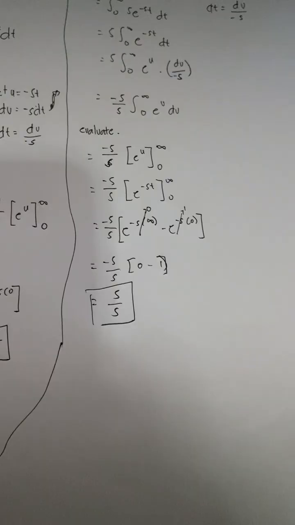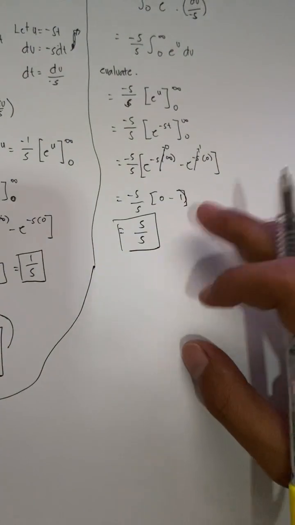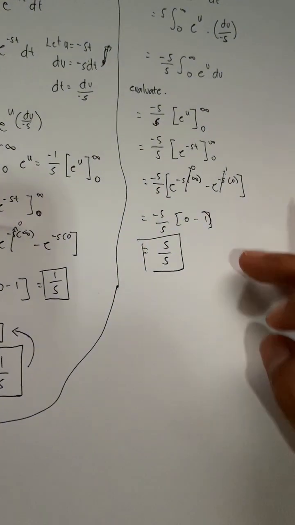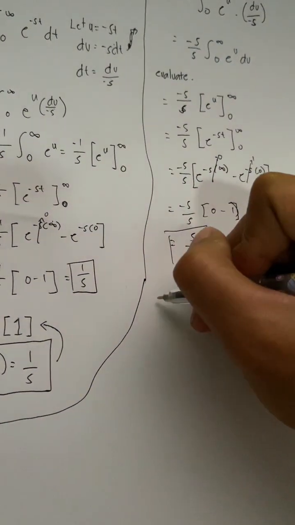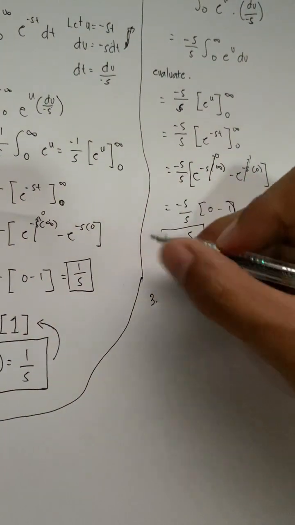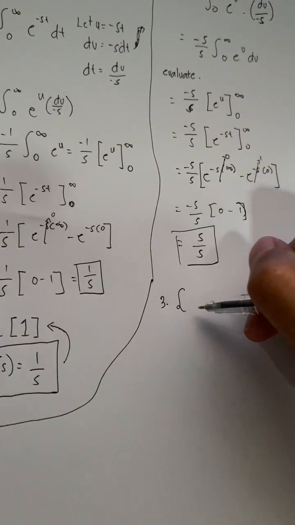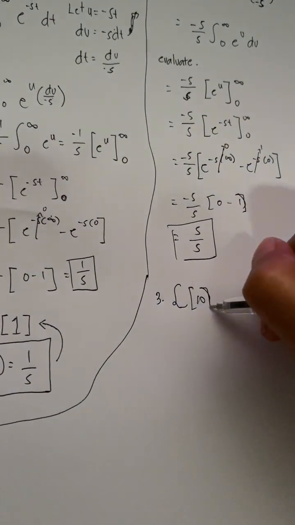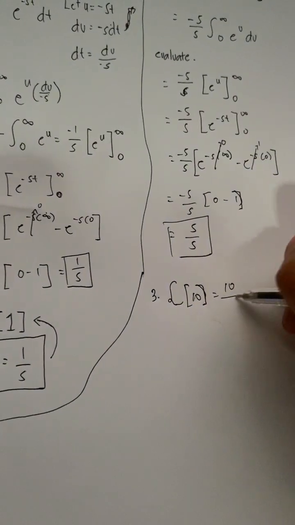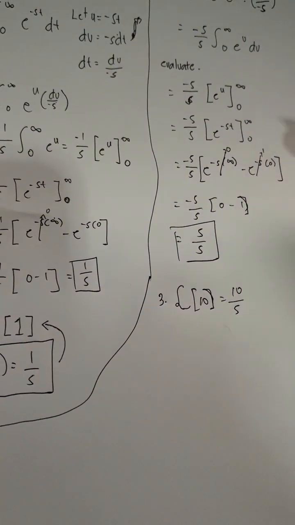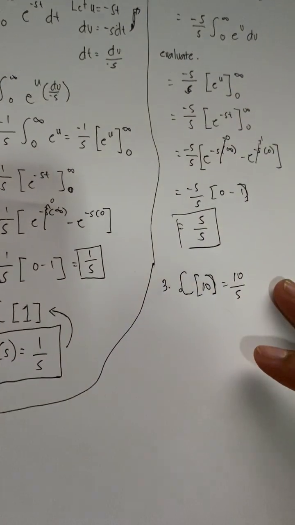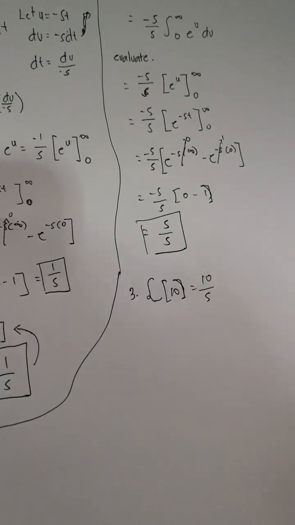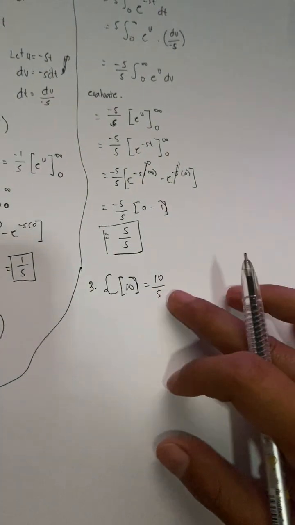So the pattern here, we actually have a table. If I'm going to get the Laplace transform of 10, that is simply 10 over s, because the Laplace transform of any constant is simply the value of the constant over s.